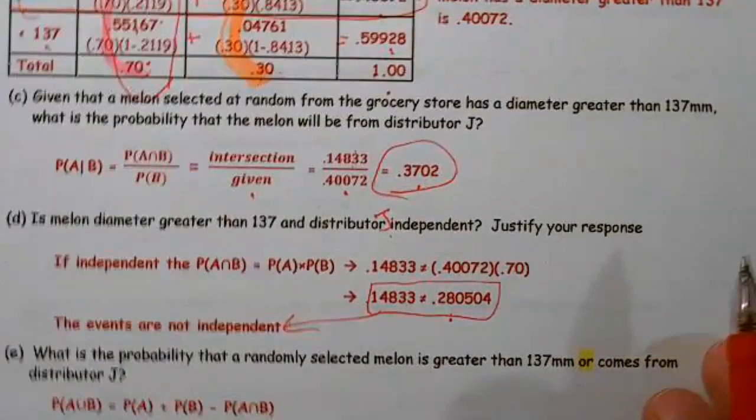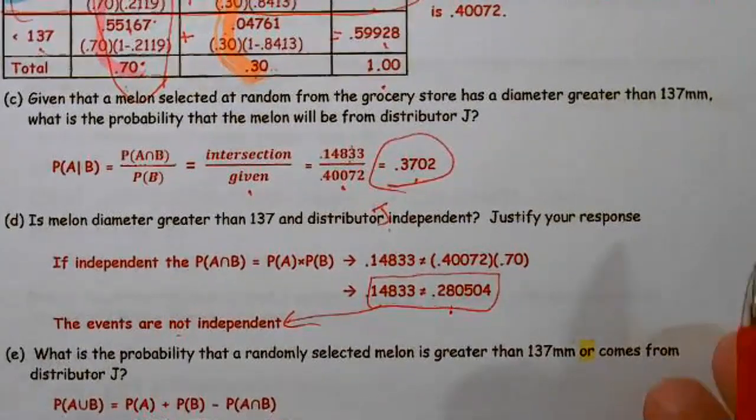What's the probability that a randomly selected melon is greater than 137 or comes from distributor J? The key word there is or. That tells me I'm working with a union, which means I'm using the addition principle. So probability of A union B equals the probability of A plus the probability of B minus the intersection.